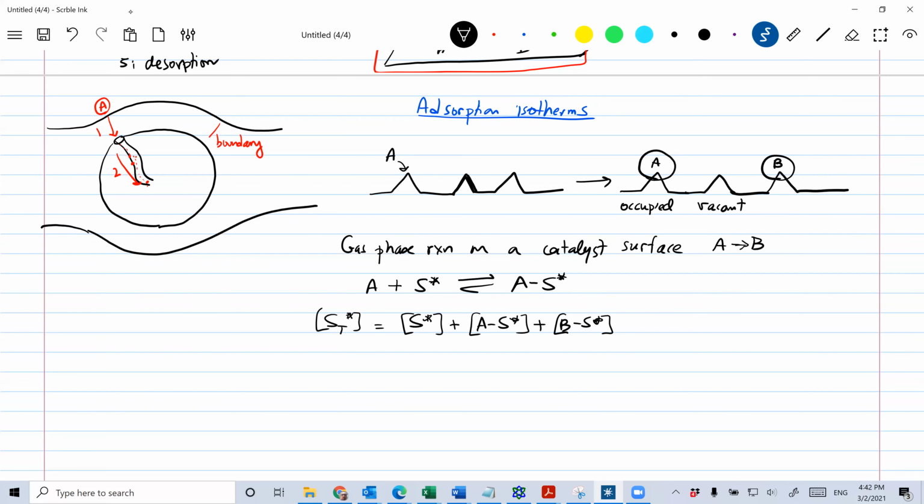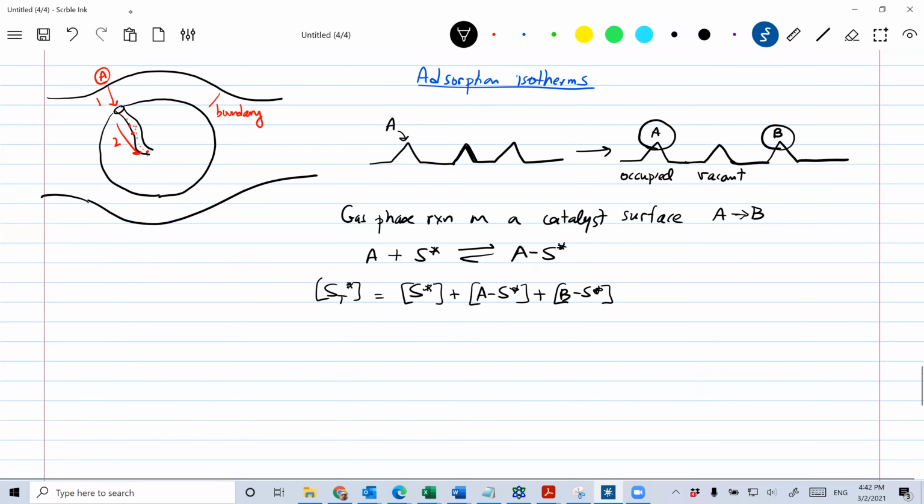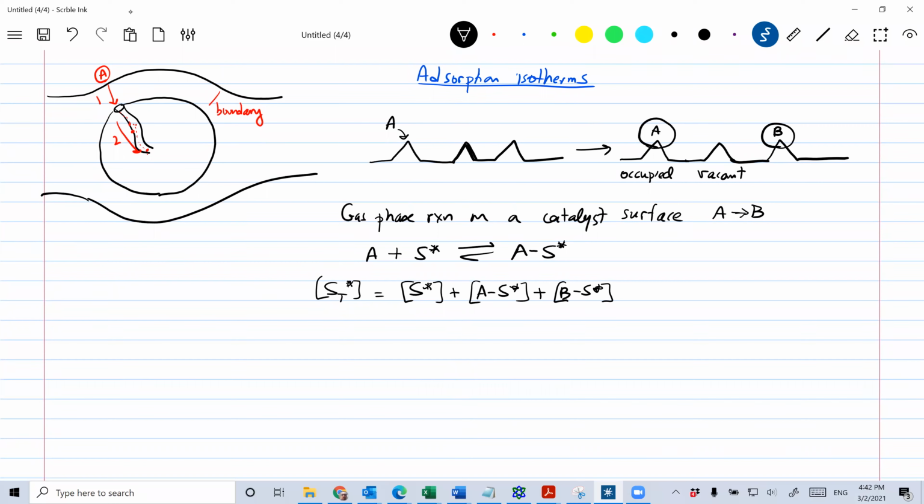Now, to give you a more wholesome view, there are 2 types of adsorption. Sometimes I say absorption instead of adsorption. Anyway, you have molecular adsorption.